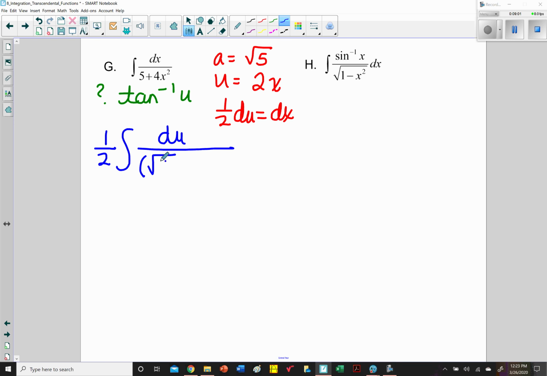And you can see the square root of 5 quantity squared plus 2x quantity squared with the dx on the top. We don't have variable agreement. Let's clean that up.